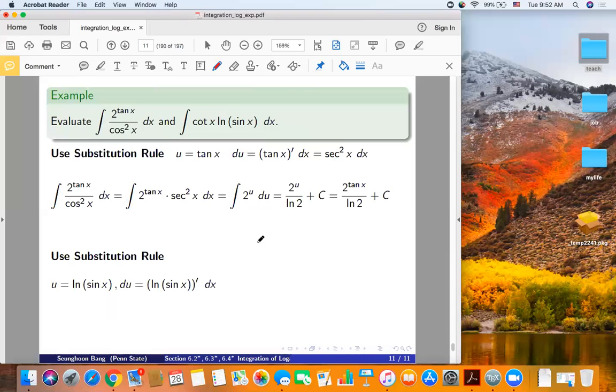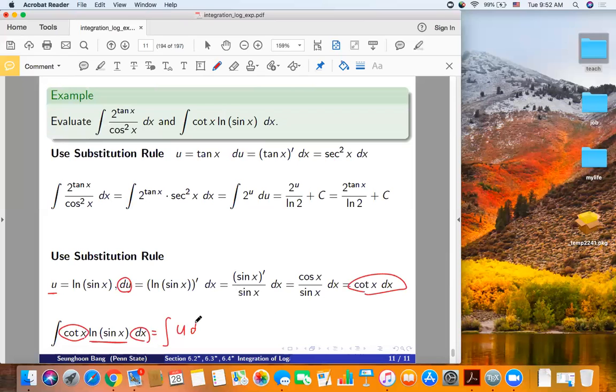So du is the derivative of this, sine x prime over sine x, cosine x over sine x dx, which is cotangent x dx. So this is the same as the integral of, erase here, ln sine x is exactly u, and cotangent x dx is du. We have a simple form.